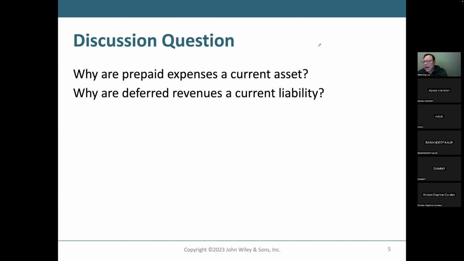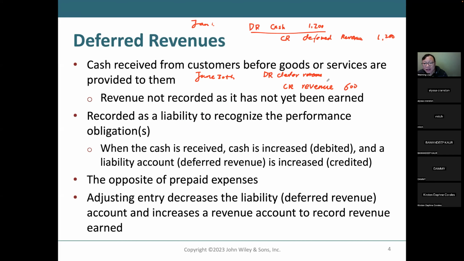So now your liability is only half of the previous balance, 600. So this adjusting entry will decrease the liability by debiting deferred revenue and increase the revenue account to record revenue earned.